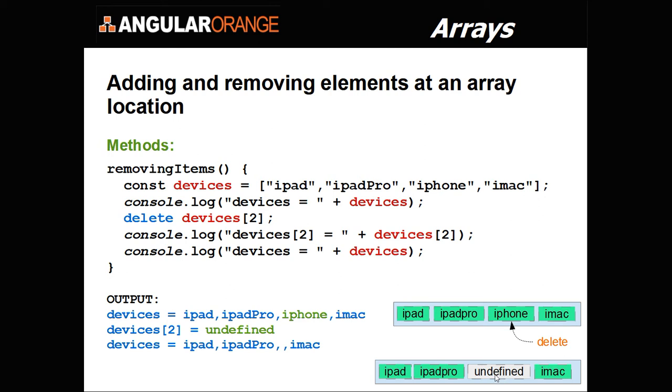What happens is it becomes undefined. So my array winds up getting logged as iPad, iPad Pro, iMac. But notice when I go to access devices 2, it logs as undefined. So we're looking at something that looks like this.